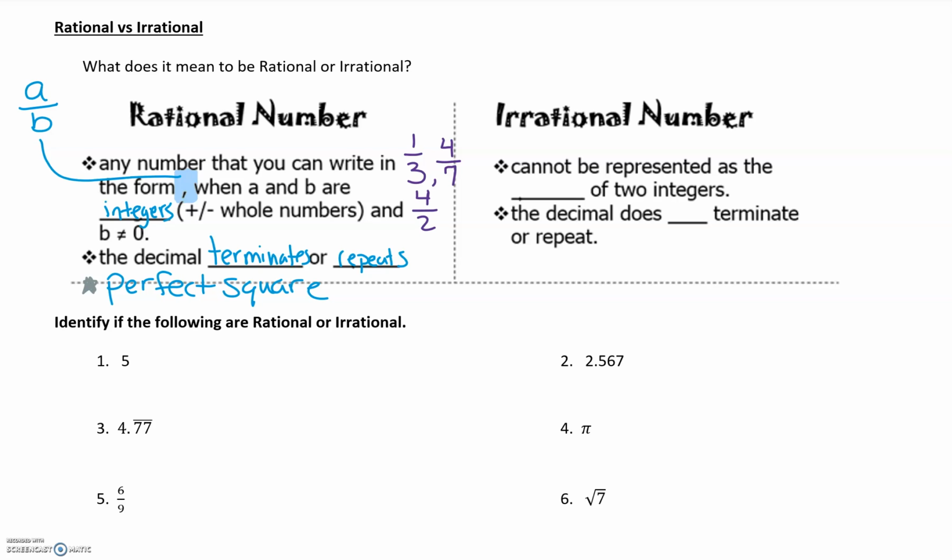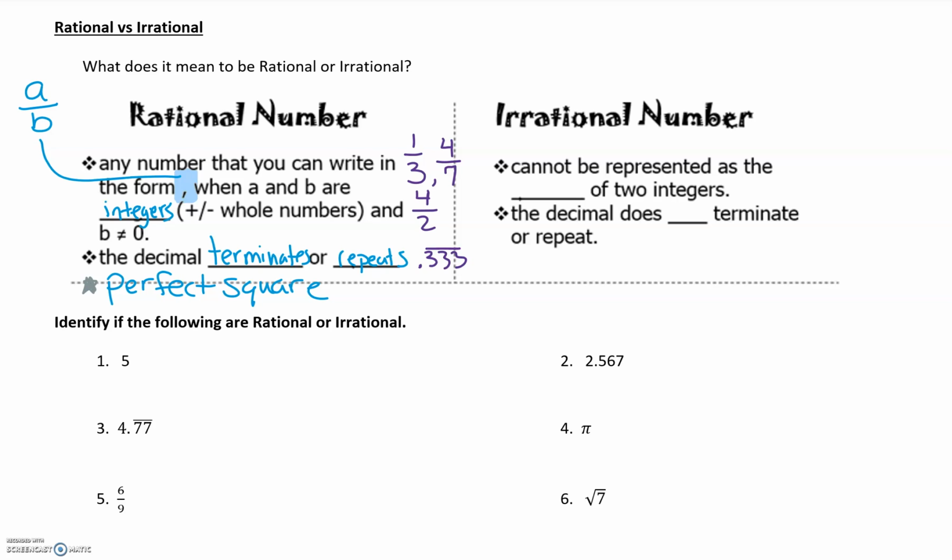The second one means decimals that terminate or repeat. Think about some of those numbers we already wrote, like the fraction 1/3. That would be the decimal 0.333, where 0.333 repeats forever. That is called a repeating decimal, so that's a rational number.